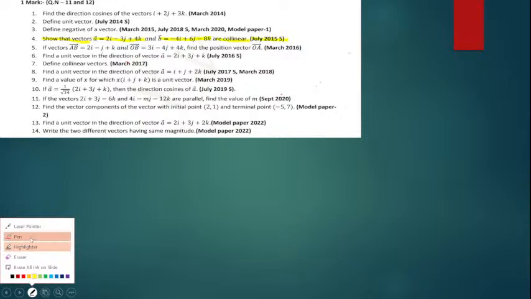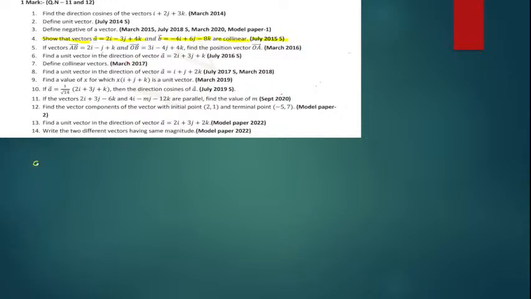Let us consider the given vectors: A vector is simply 2i cap minus 3j cap plus 4k, and another vector, say B, that is minus 4i cap plus 6j cap minus 8k cap. We know that two vectors A and B are said to be collinear if their corresponding components are in equal proportion.